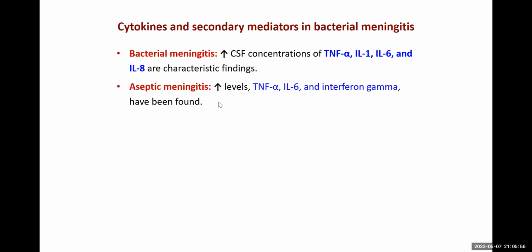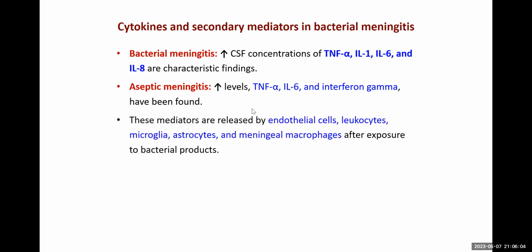Aseptic meningitis, again, you will have increased levels in the CSF of TNF alpha, IL-6, and interferon gamma. These mediators are released by the endothelial cells, by the leukocytes, by the microglia, by the astrocytes, and meningeal macrophages after exposure to bacterial products.